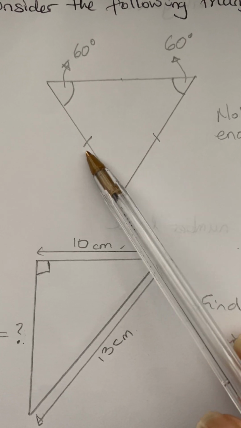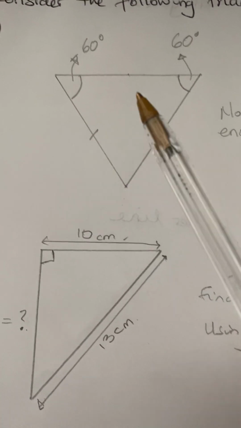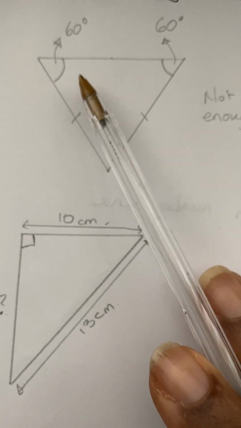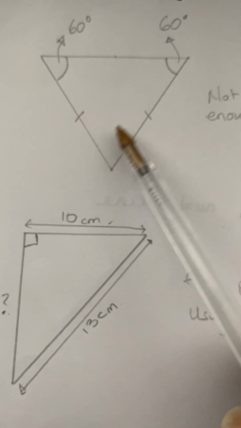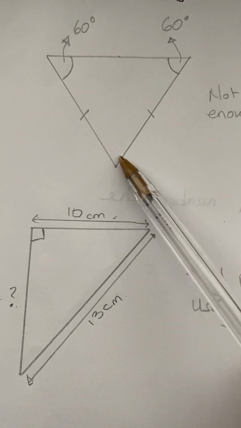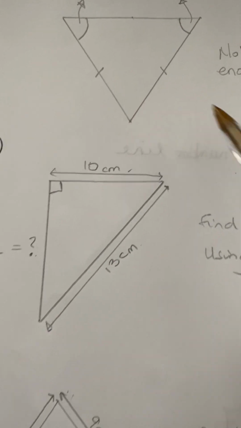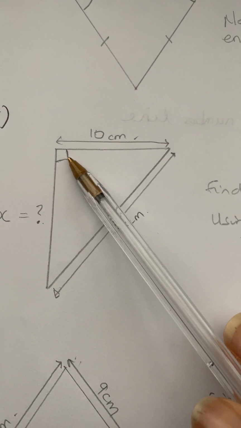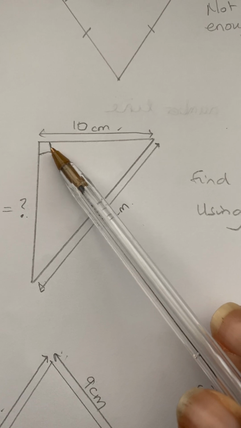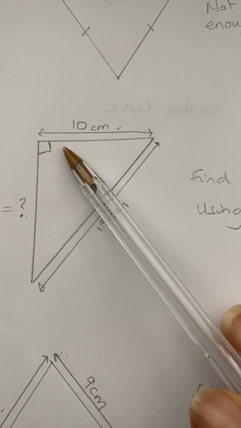These two angles on this side, that is 60, that is 60. The total should be 180, so this is 60 as well. So this is an equilateral triangle. That means it's a right angle triangle. That is 90. That's all the information we have.